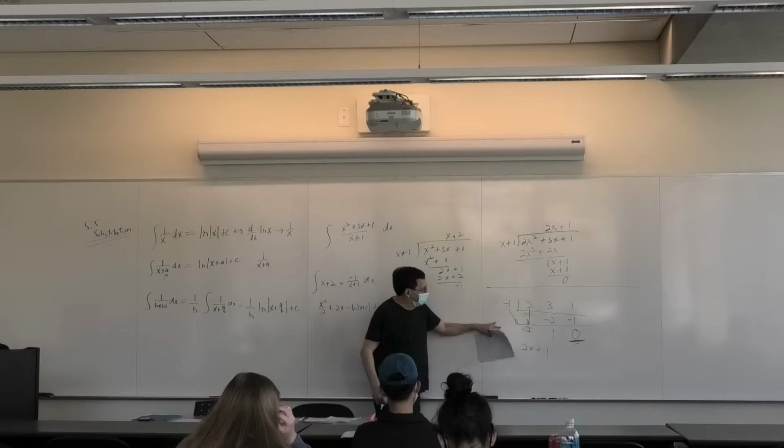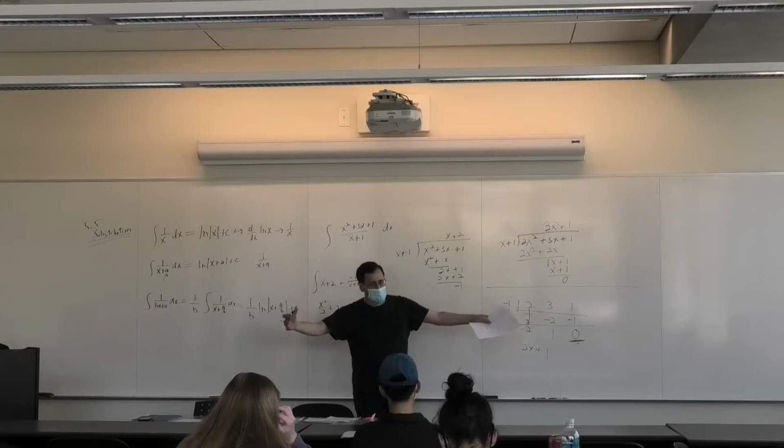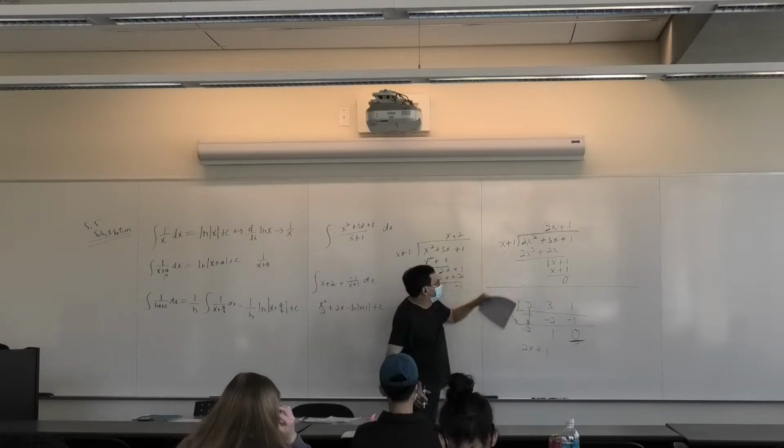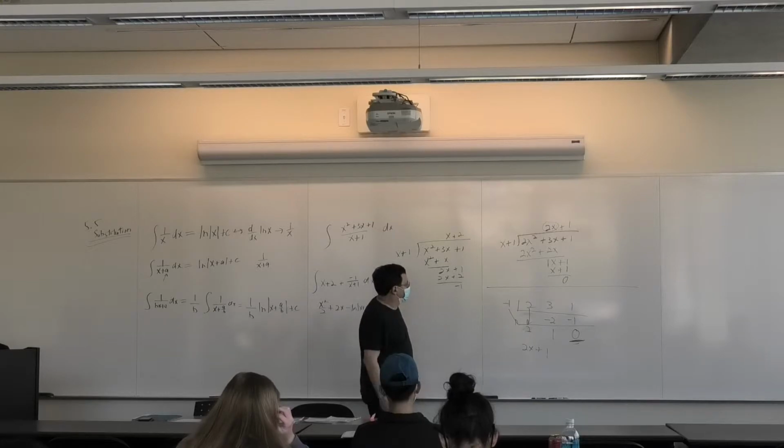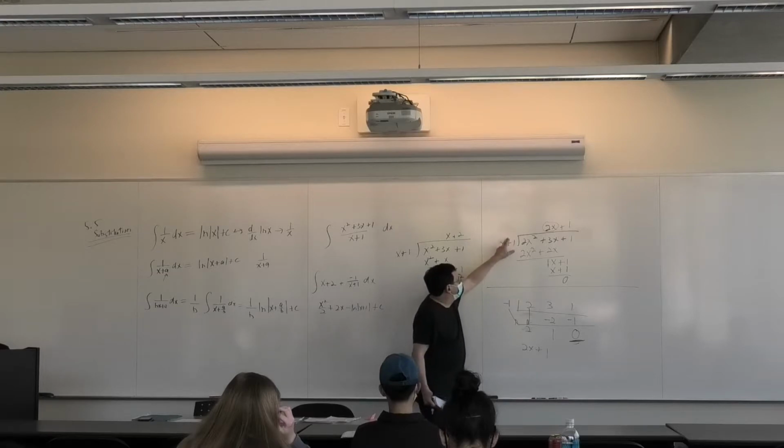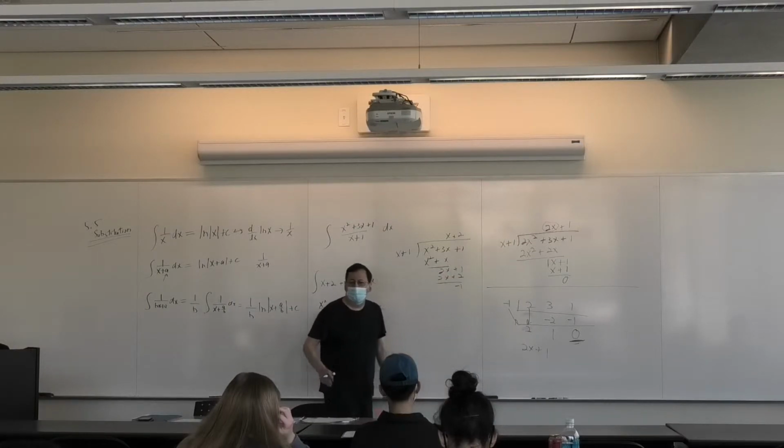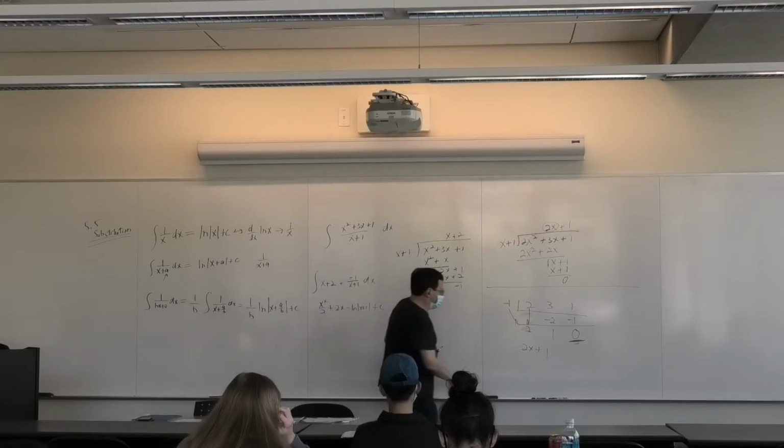And this is nice if you have a big long polynomial and you're dividing by x plus or minus something. It doesn't work in any way I know if this is degree more than 1. So, all right. Is that enough division?